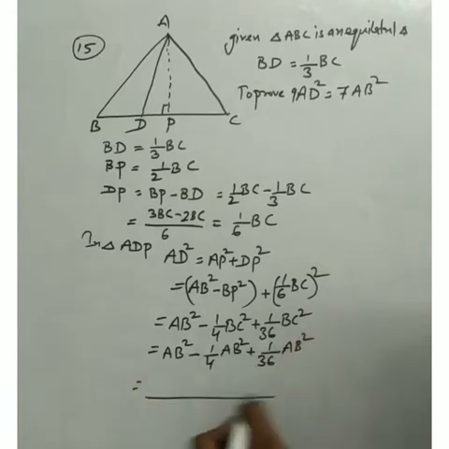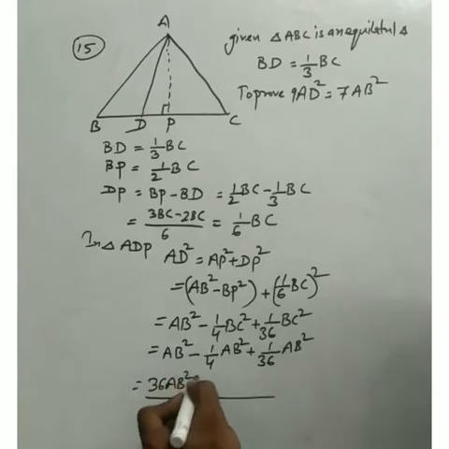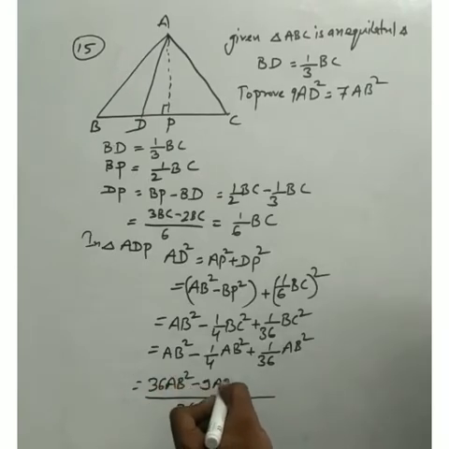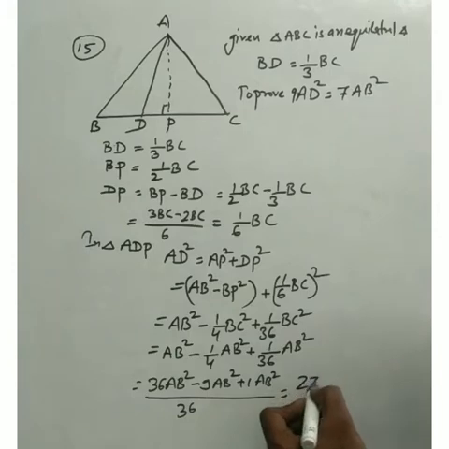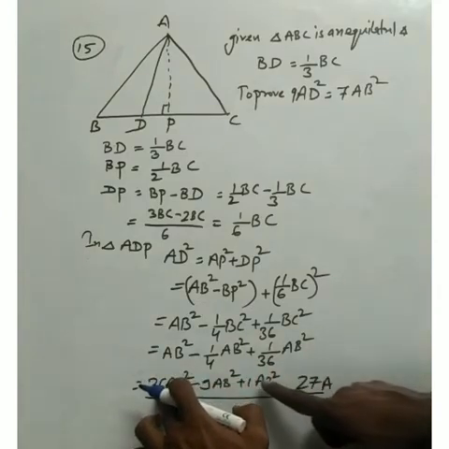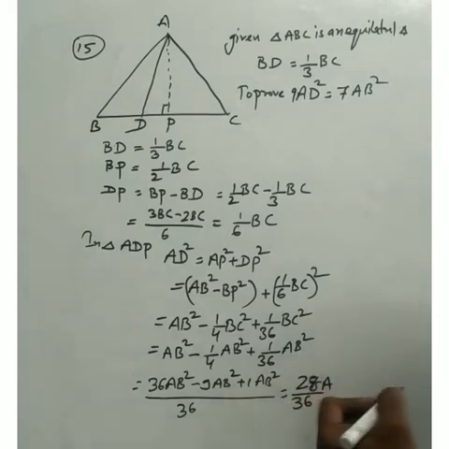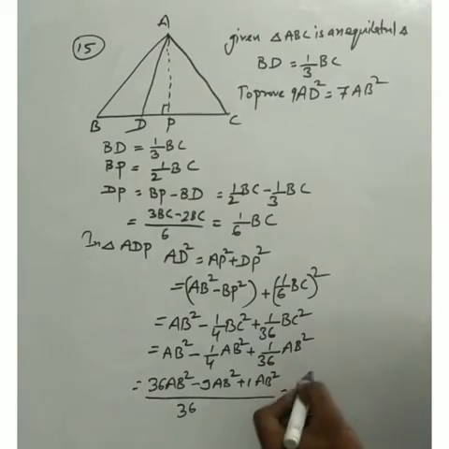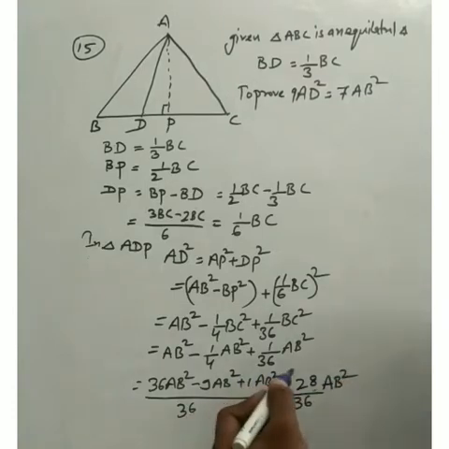Take the LCM, 36. 36 AB square minus 9 AB square plus 1 AB square, equal to 28 AB square upon 36.